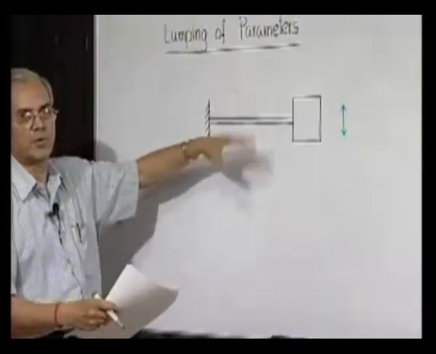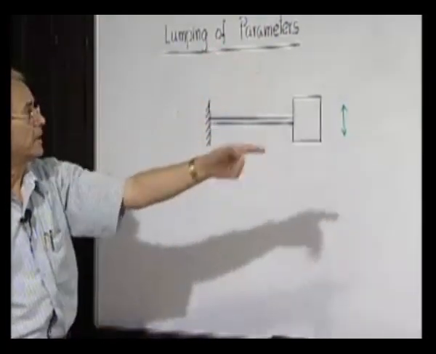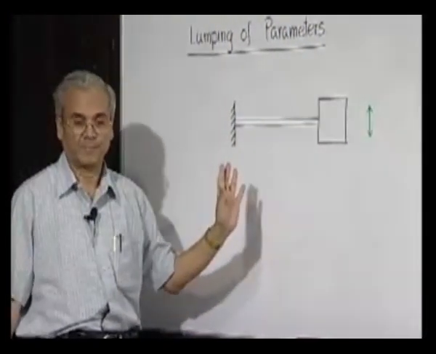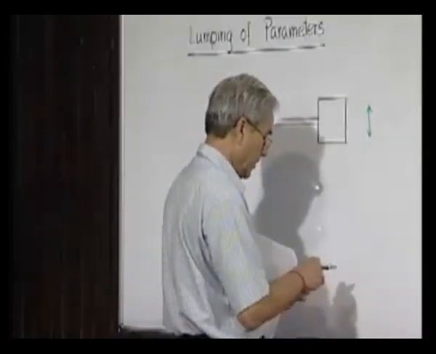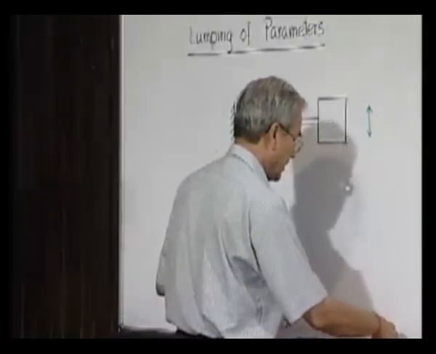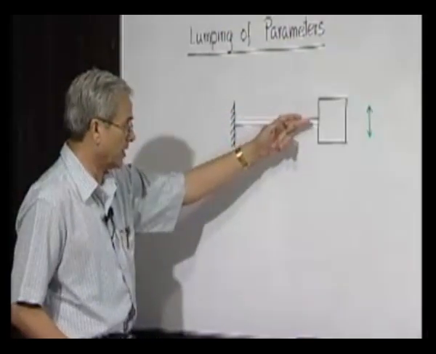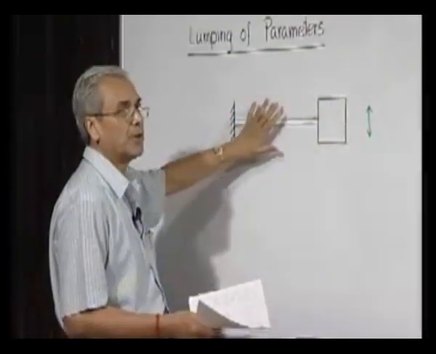The whole system oscillates. Now where are these parameters located? This system obviously has inertia. Where is that inertia present? In reality, you can say that every particle which is moving has inertia. So therefore inertia is distributed over the whole thing.